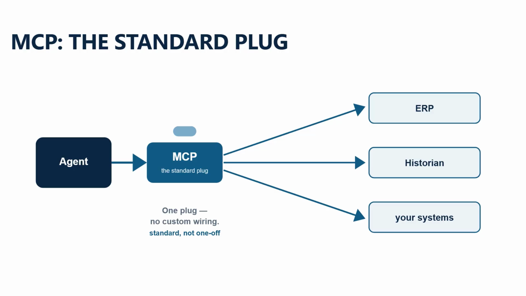With it, there is one agreed standard plug, so the agent can connect to your ERP, your historian, your systems through the same consistent interface. MCP is what turns letting it act from a tangle of one-off integrations into something standard and repeatable.